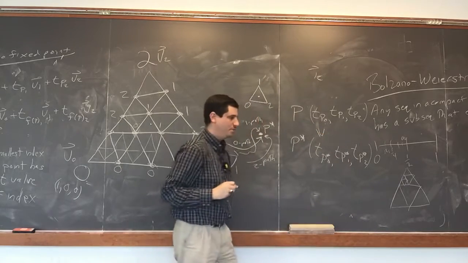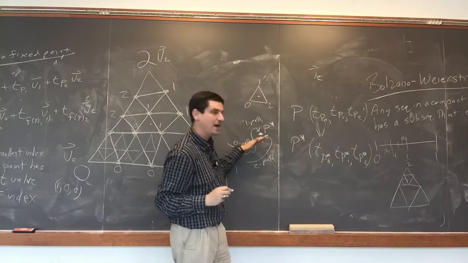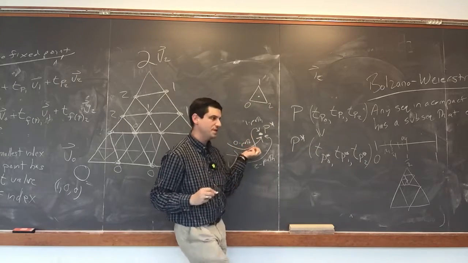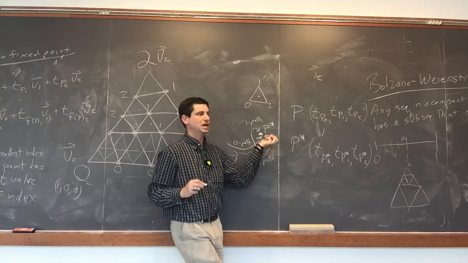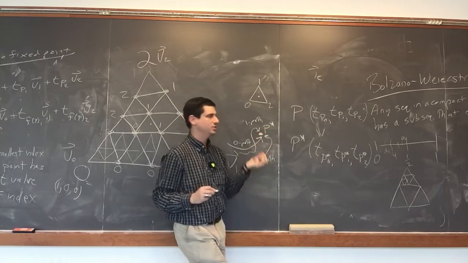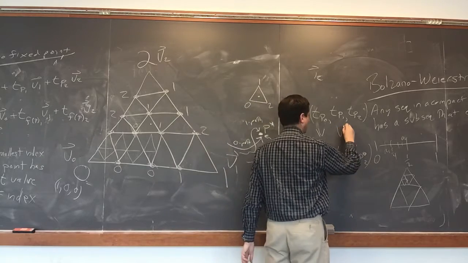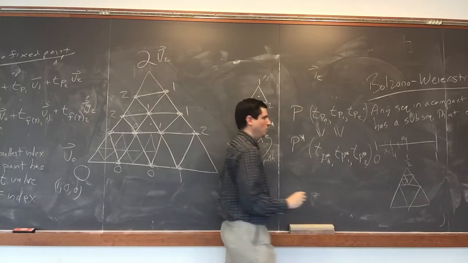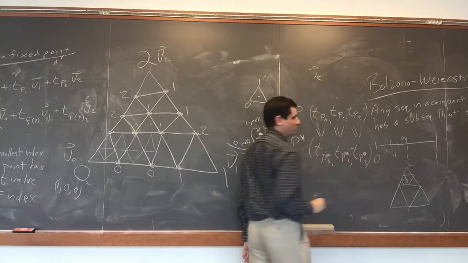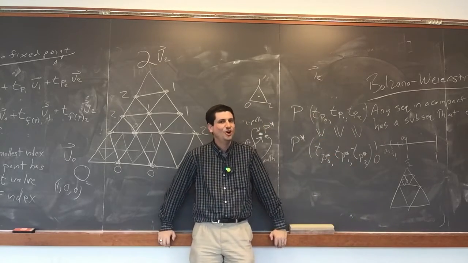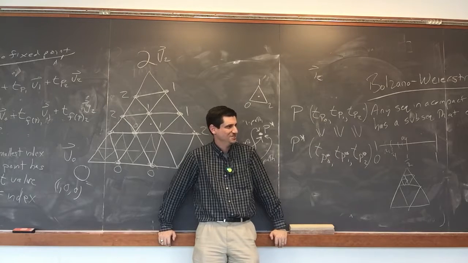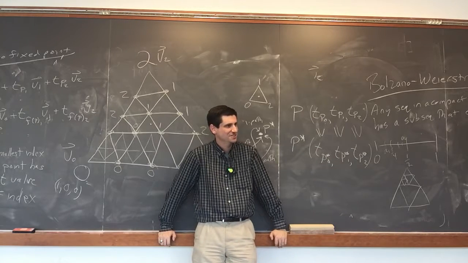Right? Because every time we move along this path and apply f, the new point is going to be strictly less than. So in the limit, it's less than or equal to. We know this is also less than or equal to. We know this is also less than or equal to. So each component of p star is less than or equal to. All we have to do is get rid of the less thans. How do we get rid of the less thans?